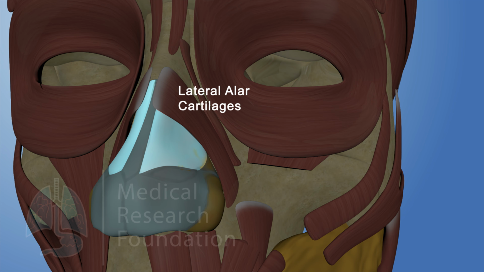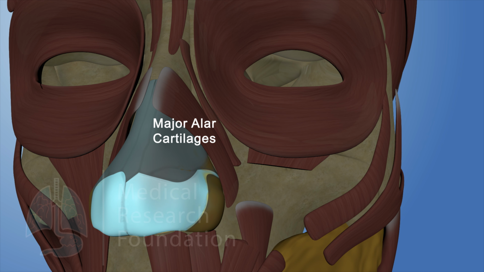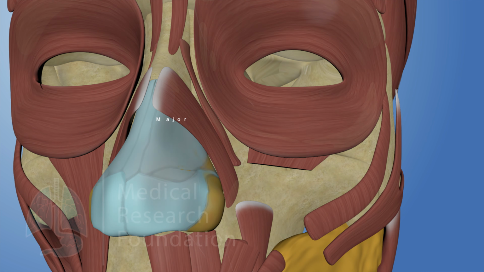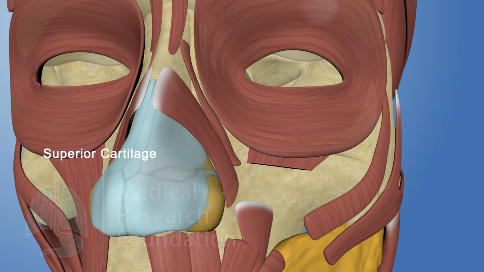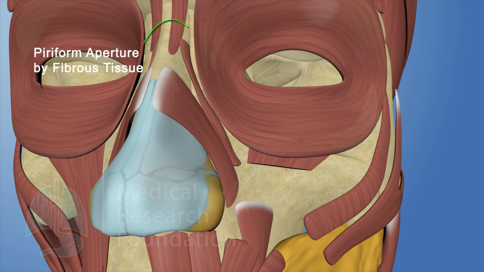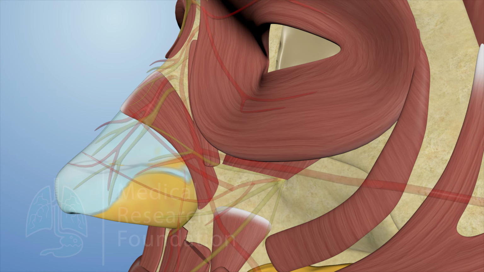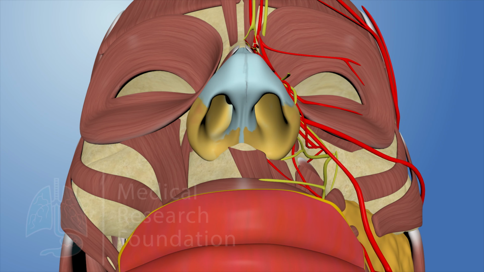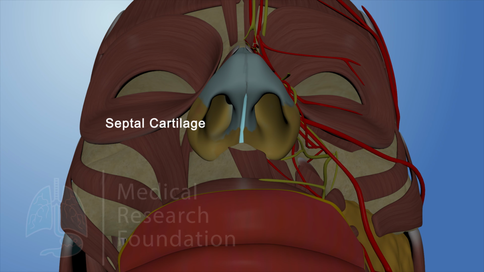The lateral and major alar cartilages are also termed superior and inferior lateral cartilages, respectively. The cartilaginous framework is anchored to the piriform aperture by fibrous tissue. Medially, it is continuous by a narrow bridge with the septal cartilage.